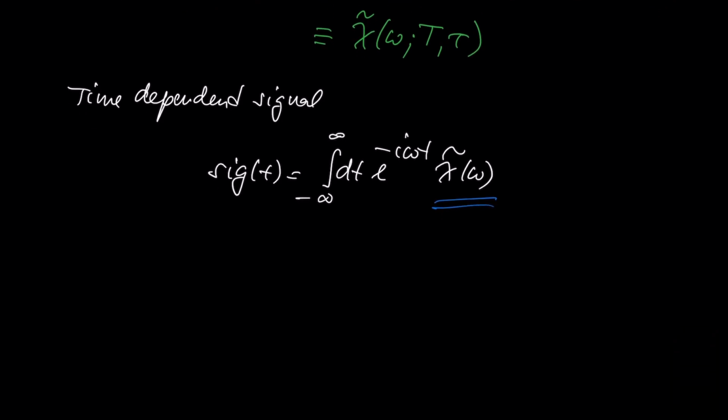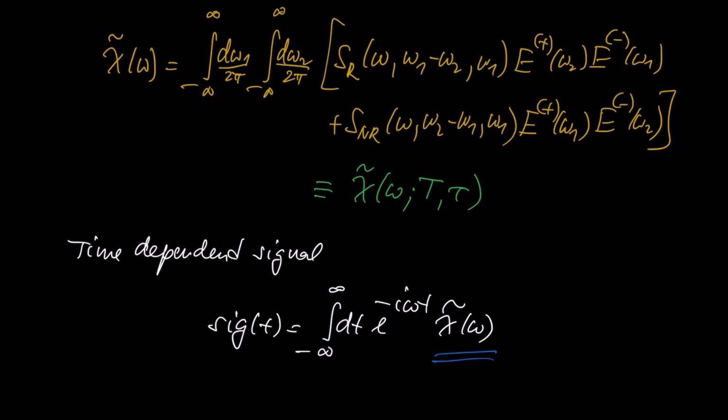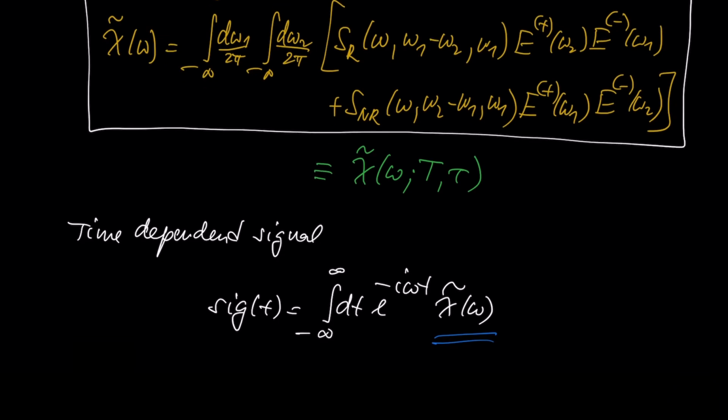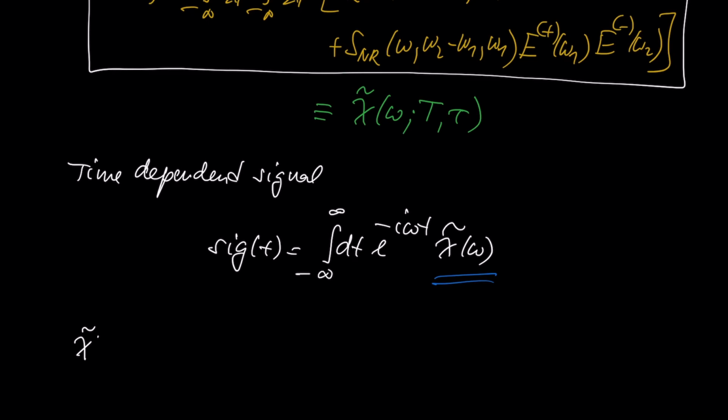Okay, so the only thing that we have to do now is, in our expressions here, we do not recognize well the role of capital T and tau, so it would make sense to take the chi tilde with this definition and write it again in the time domain. So let's use the definitions that we have.